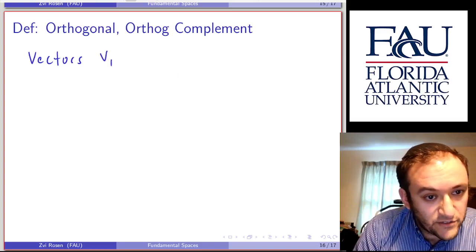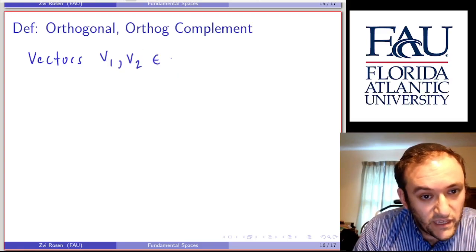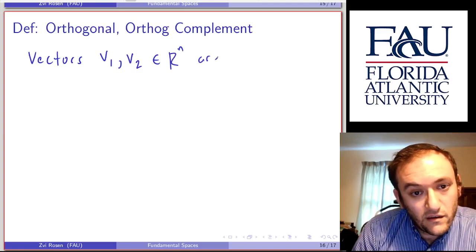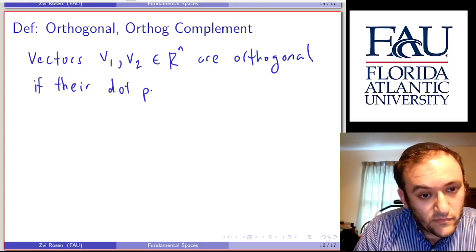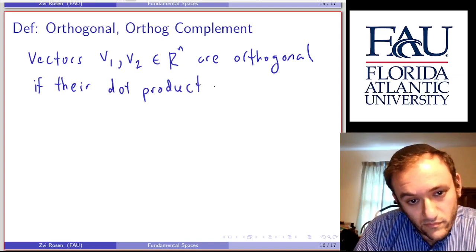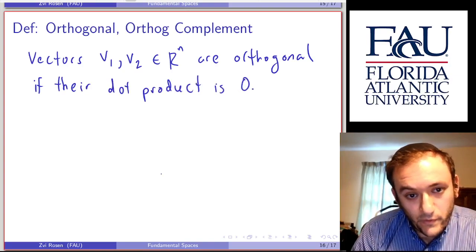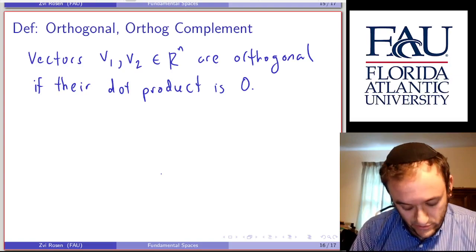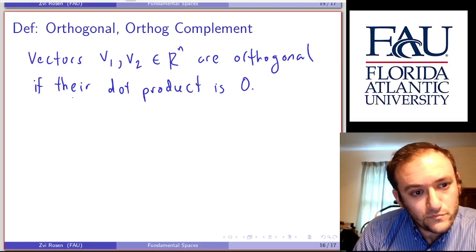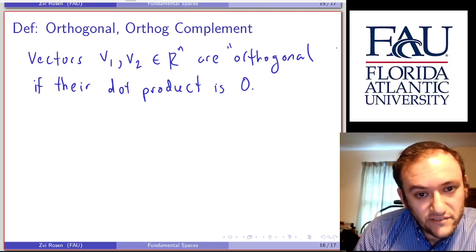So let's say vectors v1 and v2 in Rn are orthogonal if their dot product is 0. Okay, and you'll remember dot product from when we described matrix multiplication. So that's the definition of orthogonal.